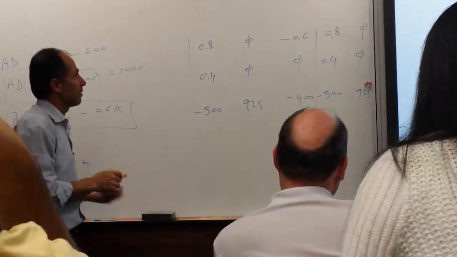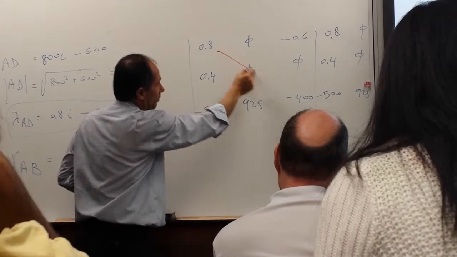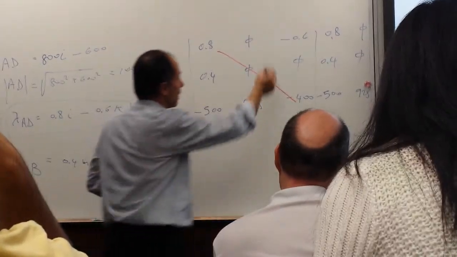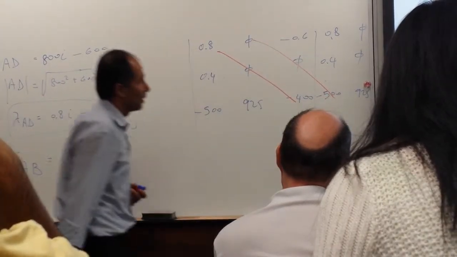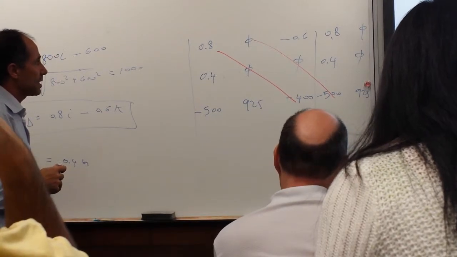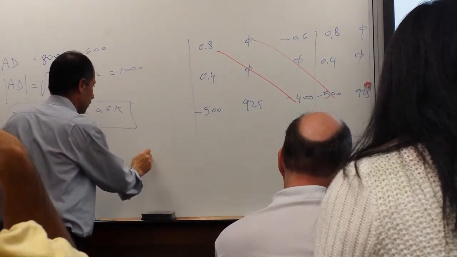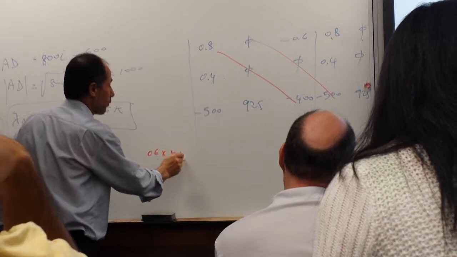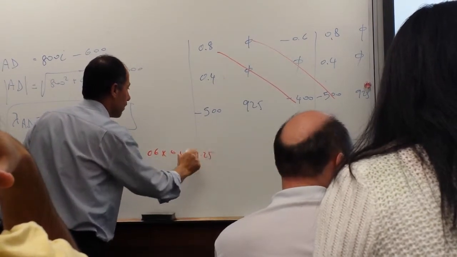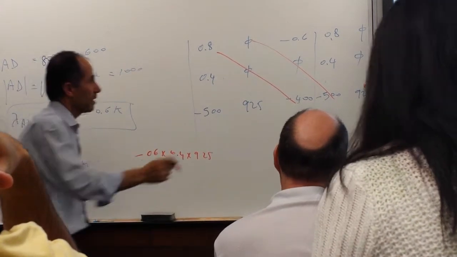And let's start. 0, 0, 0.4, 0.6, 925. 0.6 times 0.4 times 925 is a negative. This one.